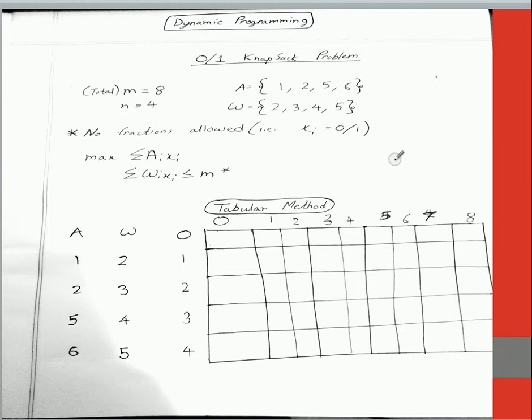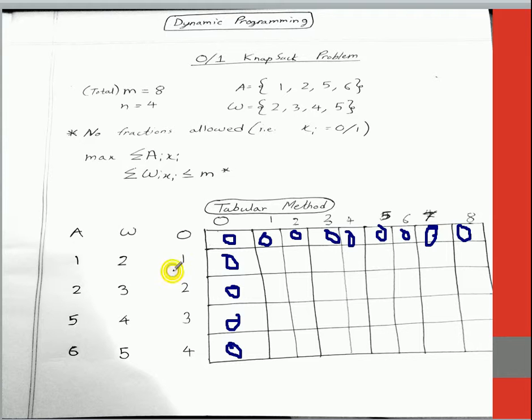So now we'll start. How do we do this? First things first, we fill up zeros. 0, 0, 0, 0, 0, again, 0 for life. Anyways, that we're done.